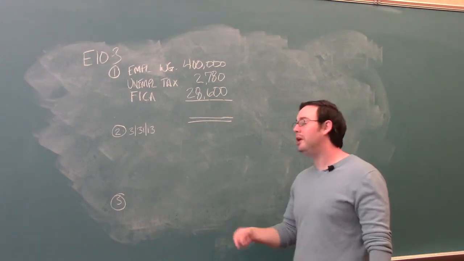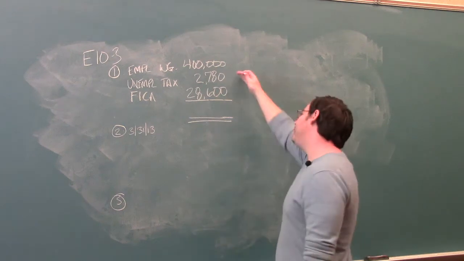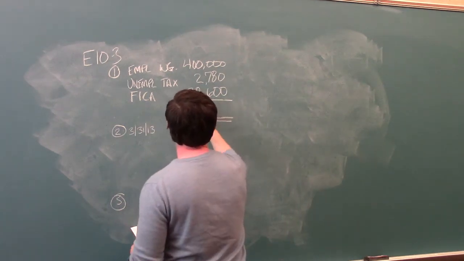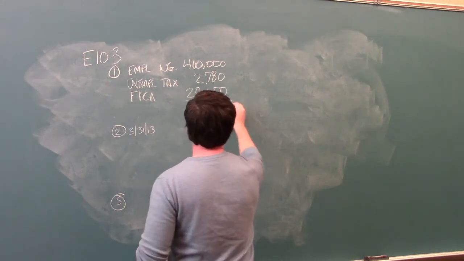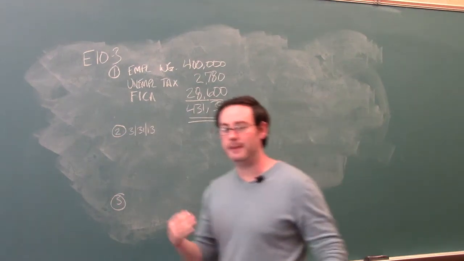But then the employer also has to pay an additional matching portion. So this $28,600. If we add up all of these costs here, we get $431,380 as the total employer cost to hire these employees, right?